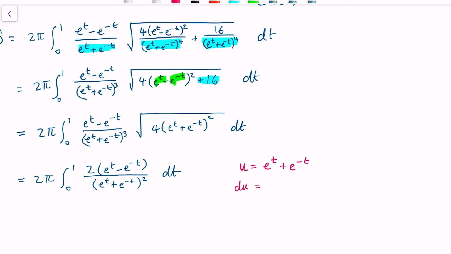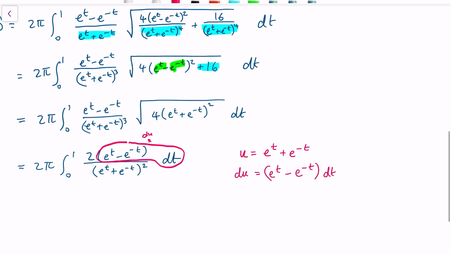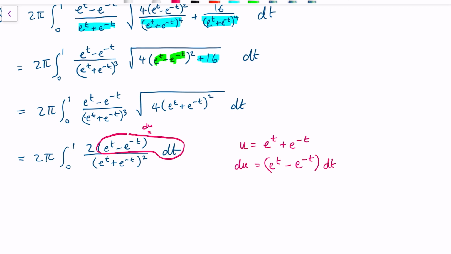So du is e to the t minus e to the minus t times dt. Usually you write du dt, but then I just brought the dt up there, writing it using differential notation. And then that's great because that whole thing there is equal to du. And the thing on the bottom is 2 over u squared.